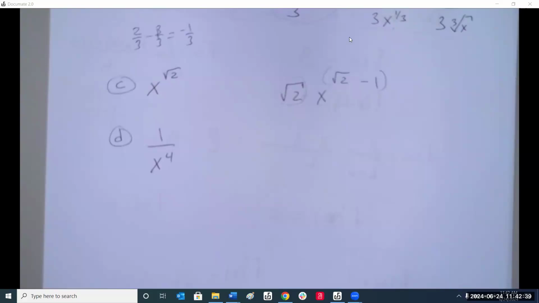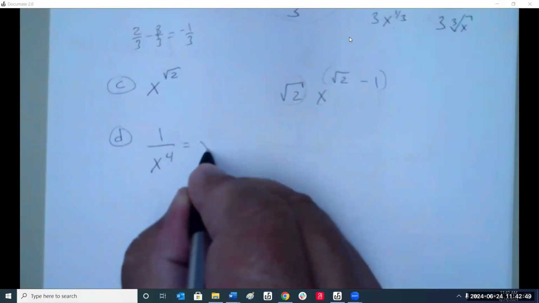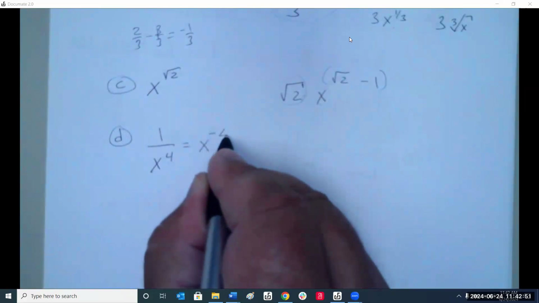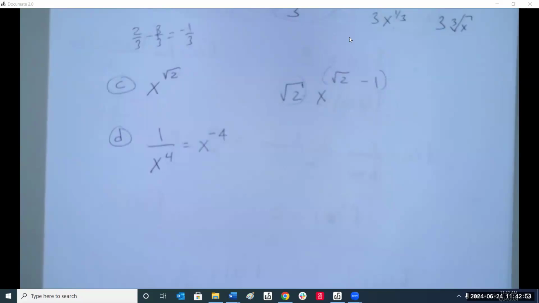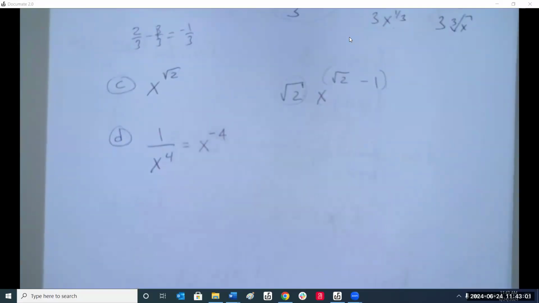One over x to the fourth. The first thing you have to do here is rewrite the equation. We can rewrite this algebraically by saying it's one over x to the negative fourth. Because in algebra, all a negative exponent does is change the location of it.